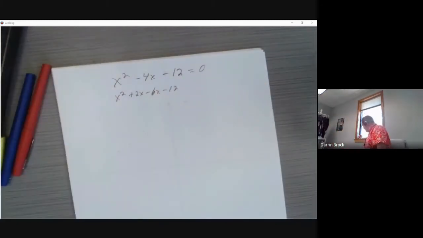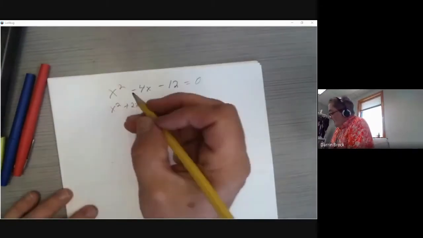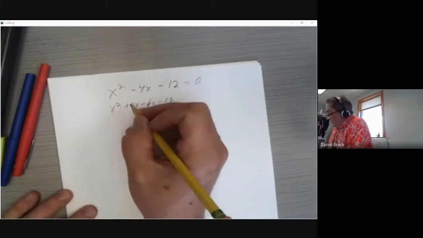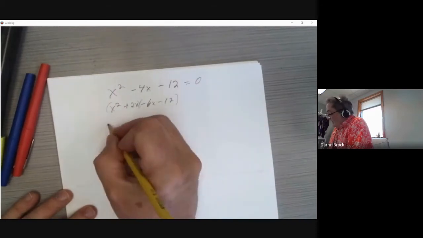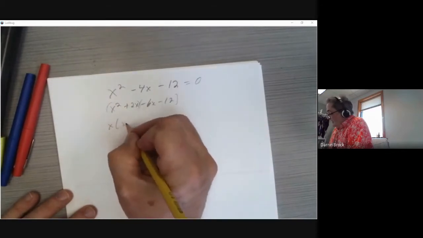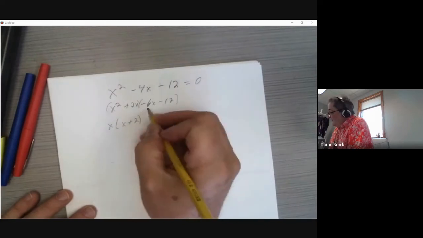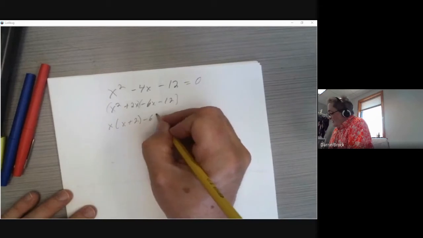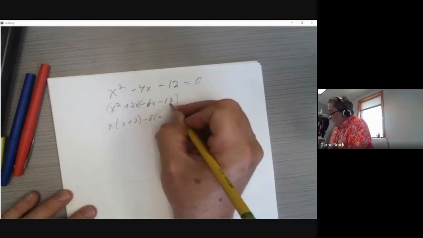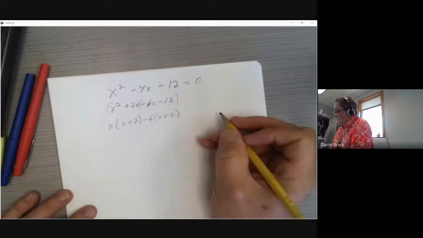All right, same factors. Now when I factor out by grouping, I've got an x that comes out, and that leaves an x plus 2. Negative 6x, negative 12. Let's pull a negative 6 out of it. Negative 6 out of there leaves x. Negative 6 out of negative 12 leaves a plus 2.